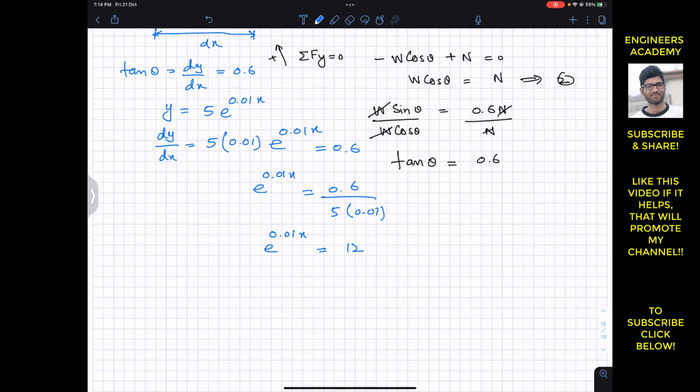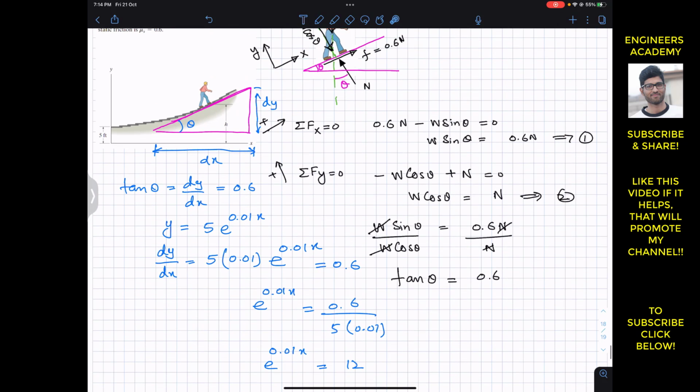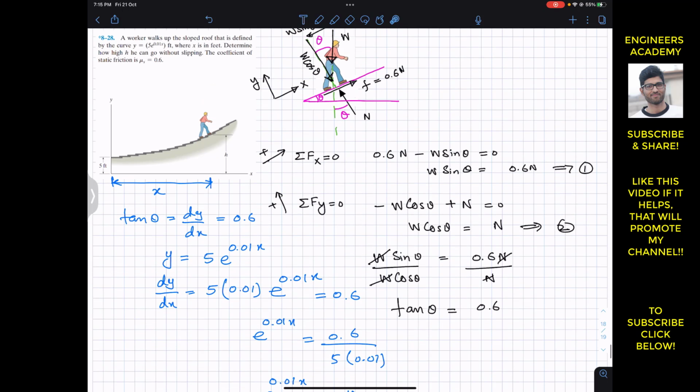Now in this equation we want to find this x, and this x will be the position of this worker from the origin in the x direction. So now let me show that x position. Let's say at this particular instant from the origin he is at a distance of x, and from this particular point from the origin the position of the worker in the y direction is defined by this.